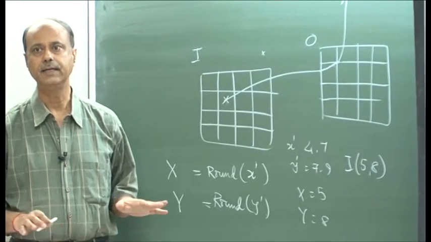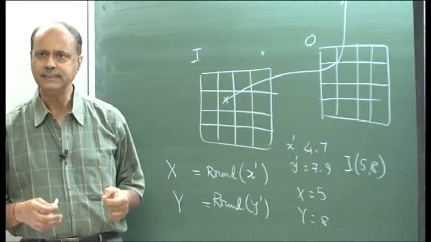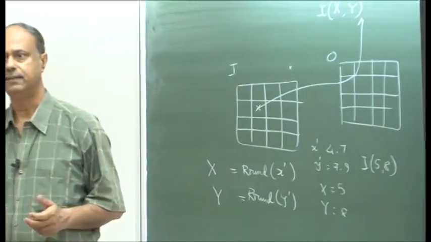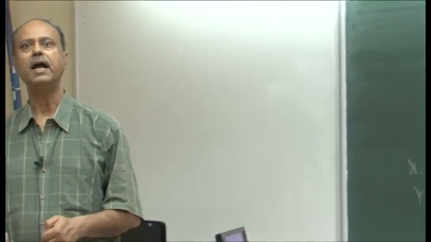Is it okay? Clear? So, how much error am I making? Half pixel, not more than that. It was 3.5 and I have made it 4. Right? If it was 4.5 on the other side, I have made it 5. So, the maximum error is half pixel. Right?